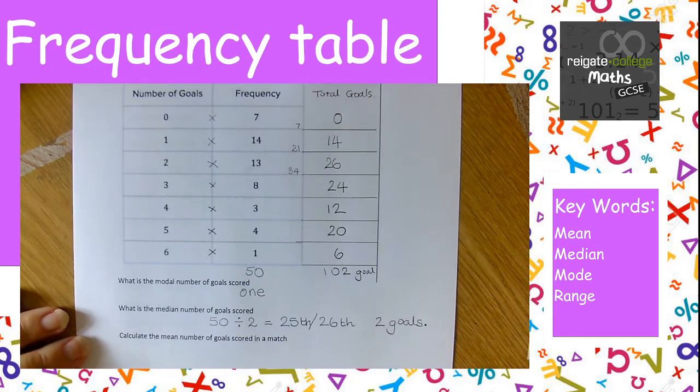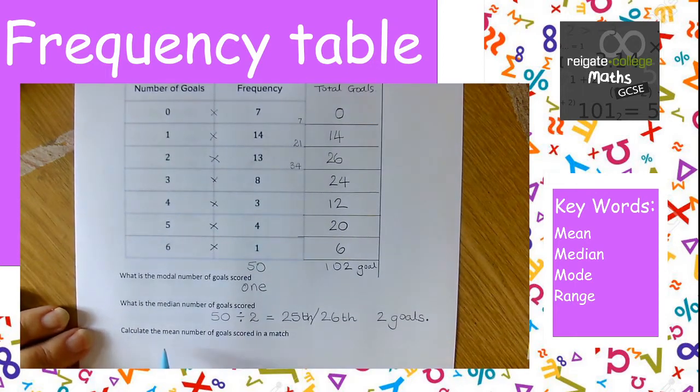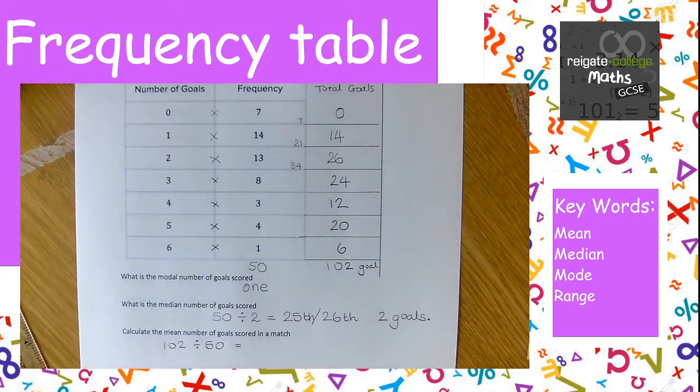So my mean is calculated by dividing the total number of goals scored by the total number of matches, either manually in a bus stop division or on a calculator. 102 divided by 50 gives me a mean of 2.04 goals.